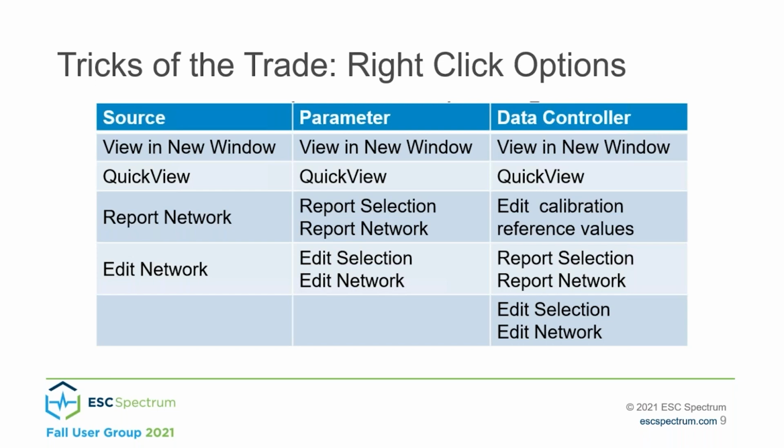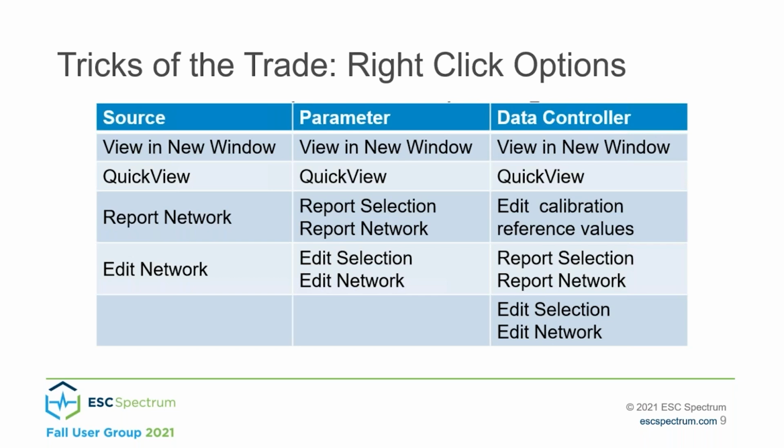In order to differentiate between selection and network and control it yourself, hold down Control. And when you hold down Control and then click certain objects, then you can specify what objects you need if you're reporting selection. Now you also have View a New Window.